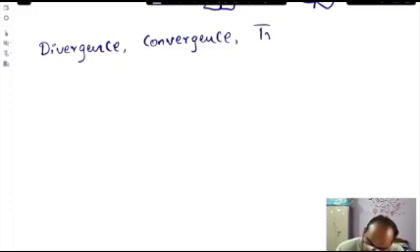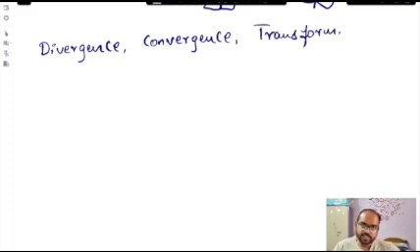Let's look into each of these actions, and we'll talk about how major physical features of the earth are formed, like how mountains, rift valleys, islands, trenches are formed. First, we'll go for convergence.